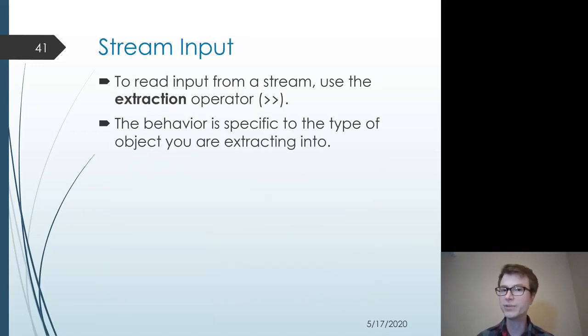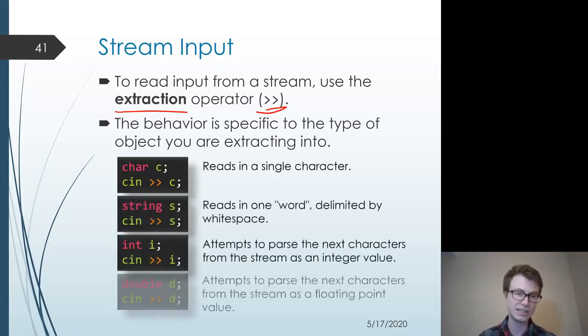On the other hand, if we're doing input, we've got the extraction operator, so called because we are extracting data out of a stream. So if we're using cin and we use this operator, we're pulling data out of cin. And again, the behavior that we get is going to be specific depending on the type of object that we're extracting into.